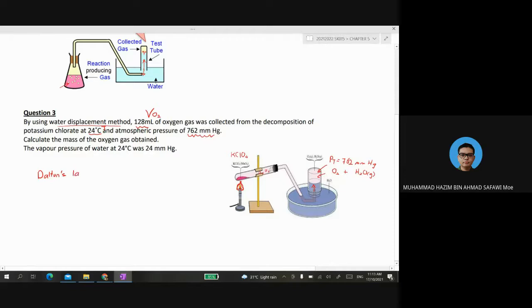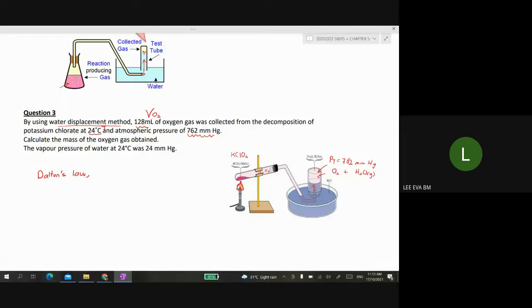Madam, yes. Madam, O2 plus H2O(g), why gas? Yes, partial pressure. We are looking at the gas. So imagine now we are collecting your oxygen inside a bubble.